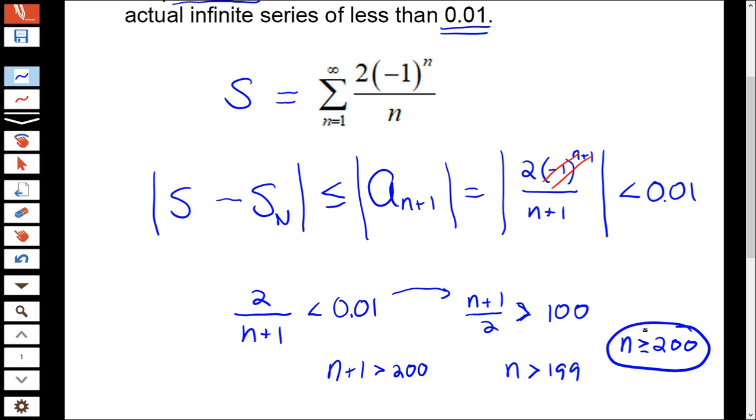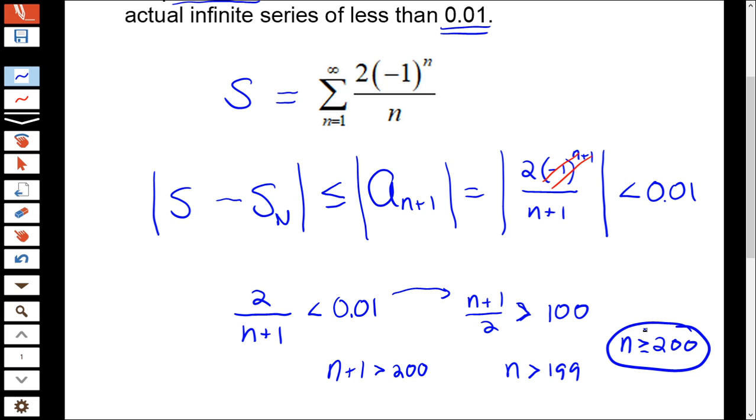All right? But unfortunately, that's a lot of terms. You got to go out 200 terms to have an error of less than 0.01. All right? It would be equal to 0.01 at 199. It's going to be less than if we go out any more terms than that.